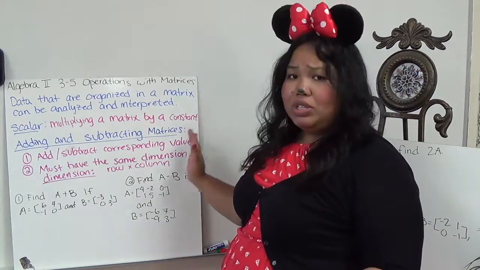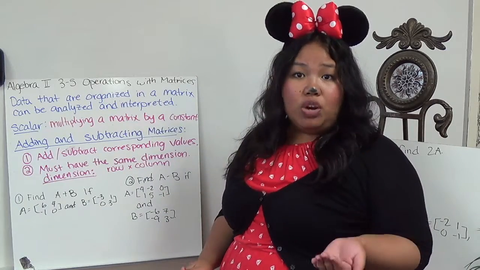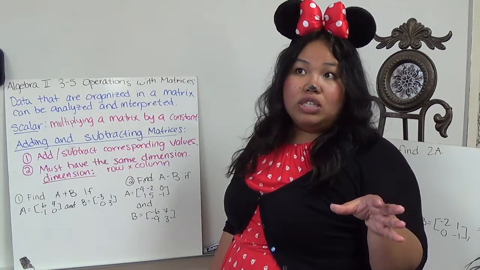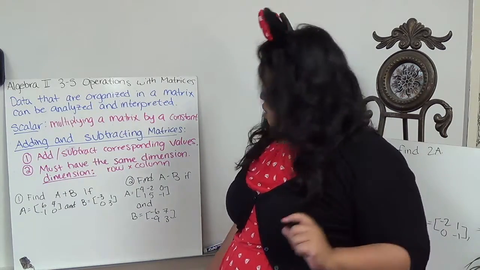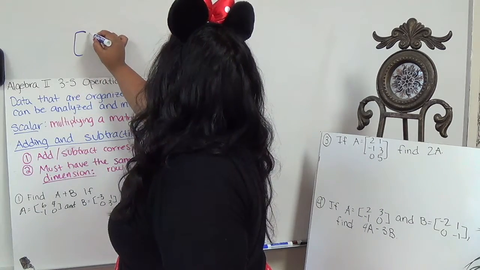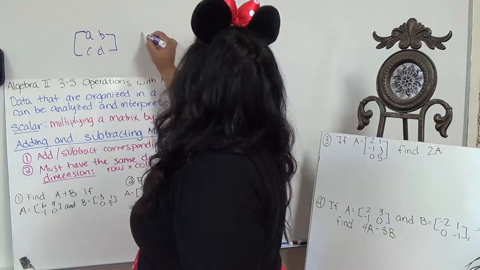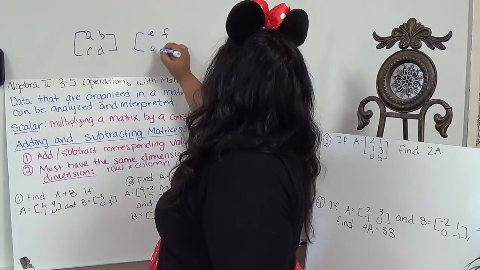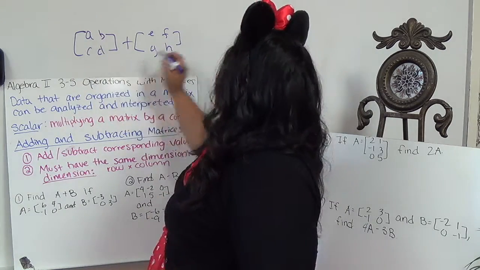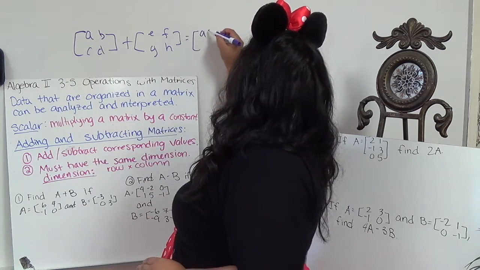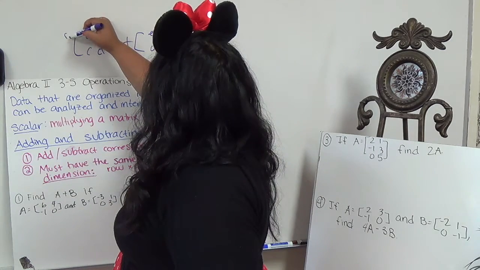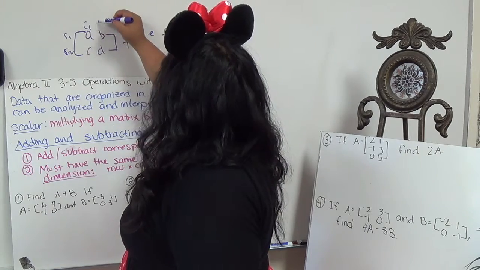When you add and subtract matrices, it's pretty simple. You just find its corresponding part. Let me explain. So if I have A, B, C, D, and E, F, G, H, two matrices that I'm adding or subtracting, I do A plus E, because this is row 1, this is my row 1, row 2, column 1, column 2.